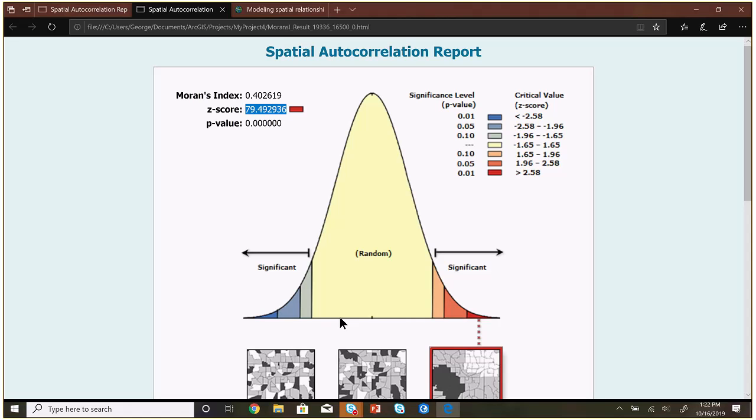So what we're saying is that on average, that clustered pattern could be created 32% of the time if it was random, which isn't safe enough to say that it's not random, because that much of the time it could be created by random chance, that pattern that you see on the landscape. So it's, you know, not good.